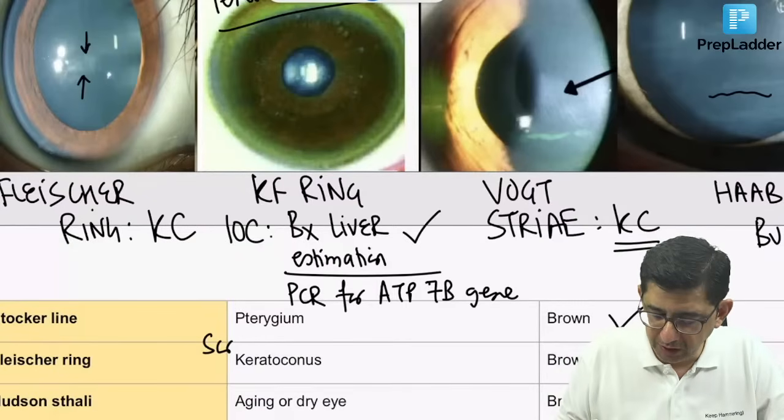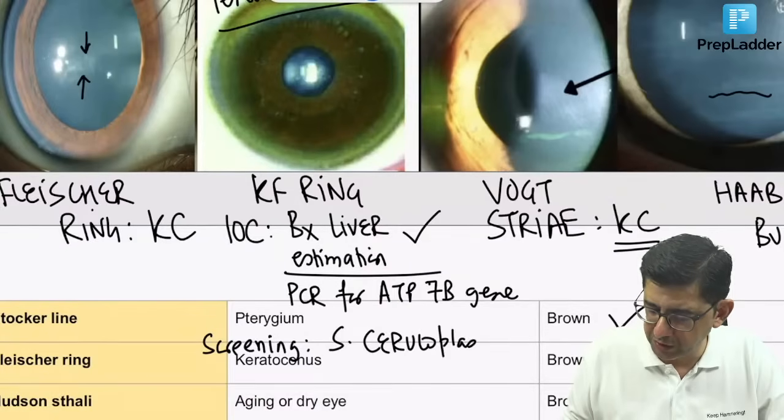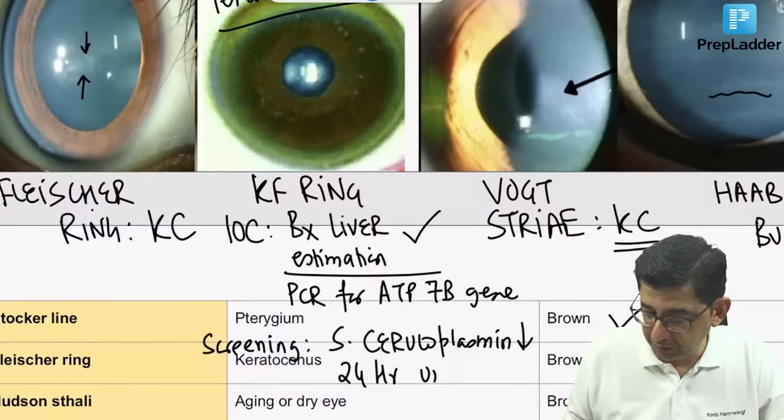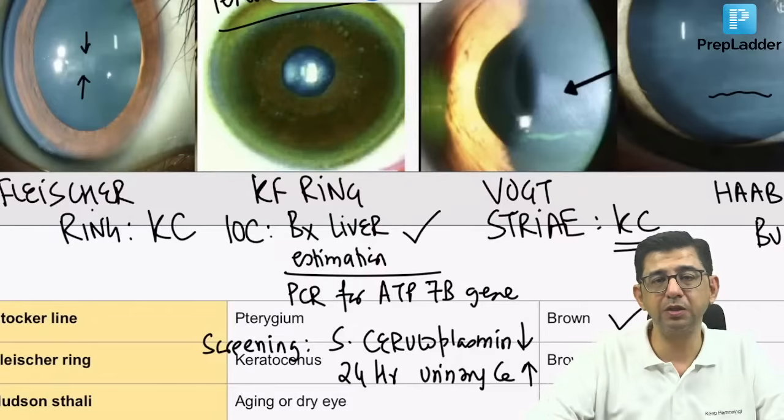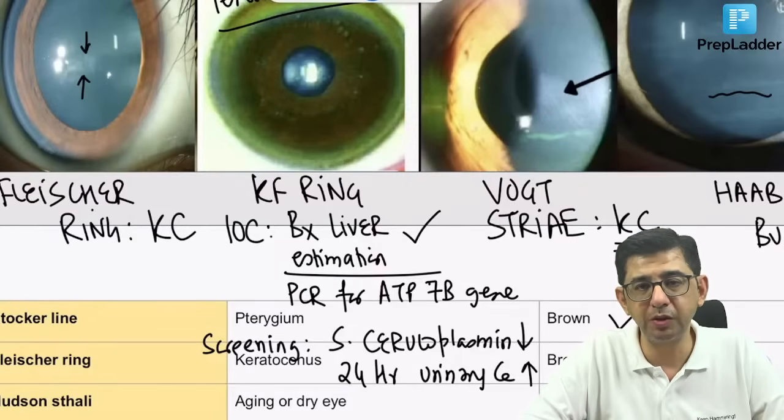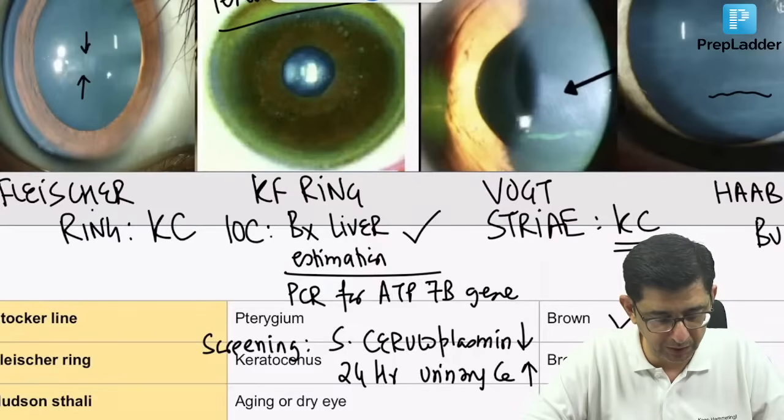For screening, it's never a challenge. That is the easy part you need to remember regarding the ceruloplasmin values. But if this is not given, then your answer is 24-hour urinary copper. Both of these questions have come once in screening: no ceruloplasmin, so 24-hour urinary copper. For investigation, it is a liver biopsy that is to be answered.